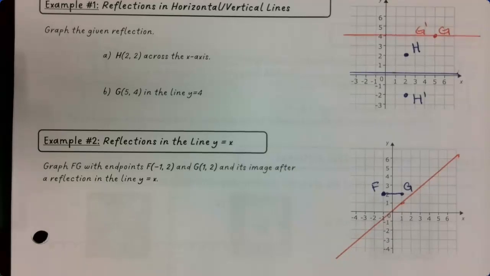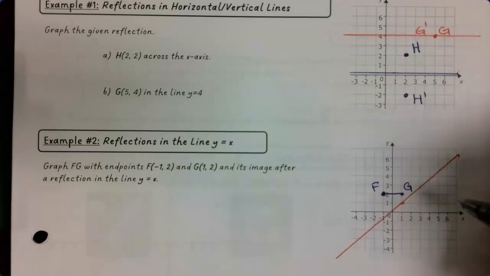So what I want to think about is if I folded this paper over that red line I just drew, where the new G would go.